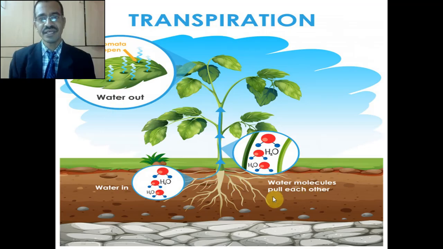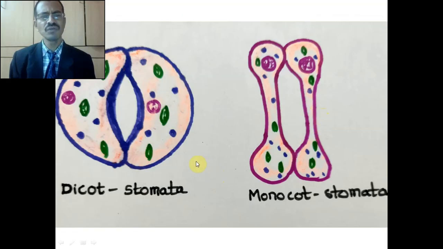Again we see here the water molecules are absorbed through the roots and reach the aerial parts through the stem, branches and leaves, and excess water is evaporated through the stomata into the atmosphere when the stomata are open. Now we see the structure of the stomata.